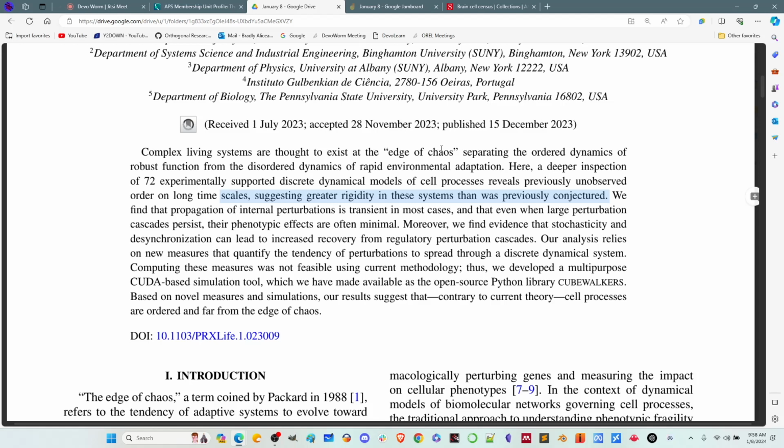You can get sick, but you don't die from certain perturbations to your metabolism. But your metabolism still has set points. It doesn't break down over time unless you die. Maybe when you're aging it breaks down a little bit, but there's this underlying order. And so there's a greater rigidity than we thought from the models.